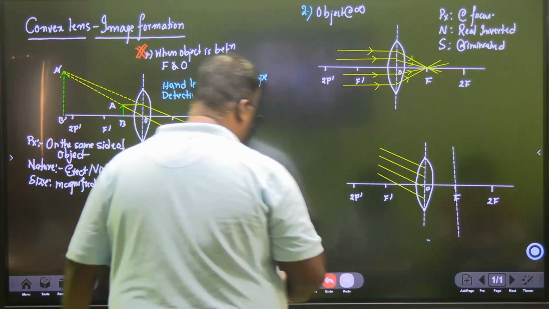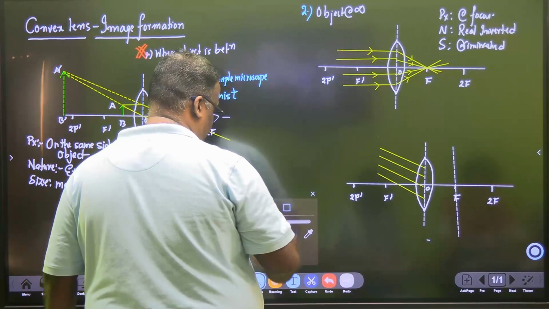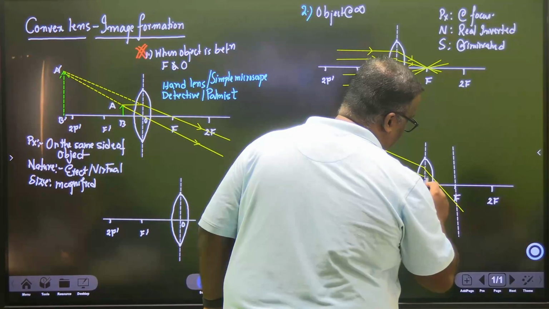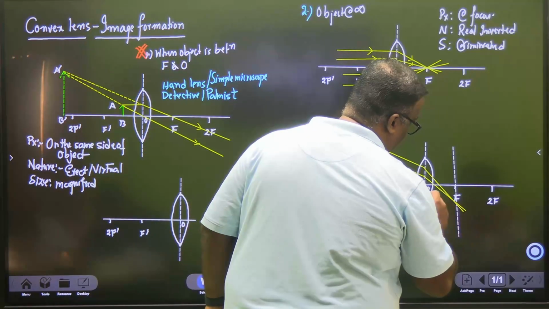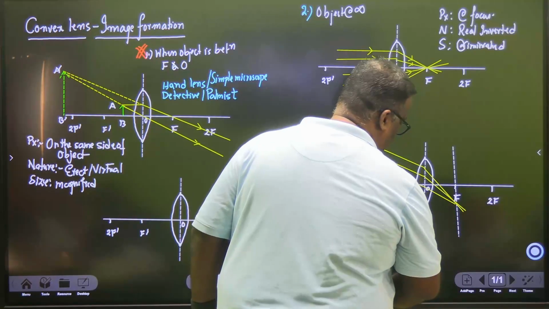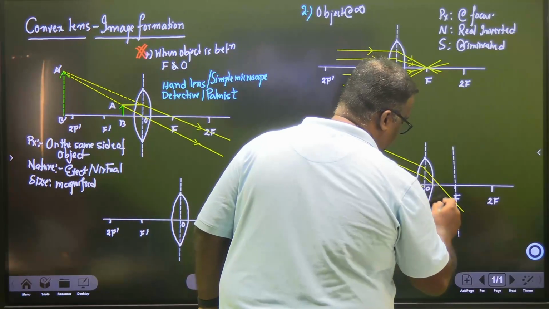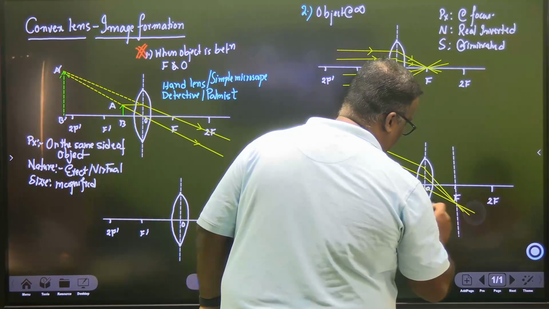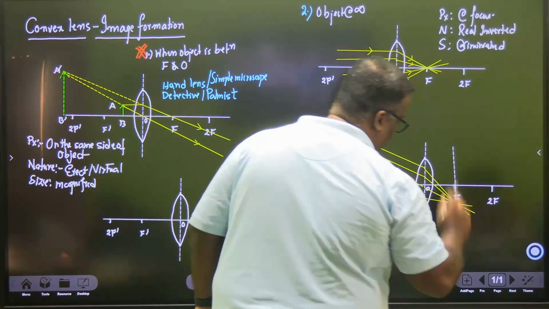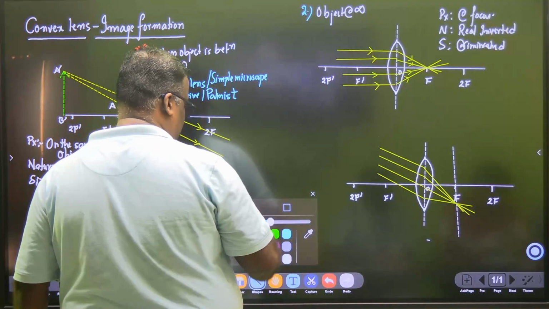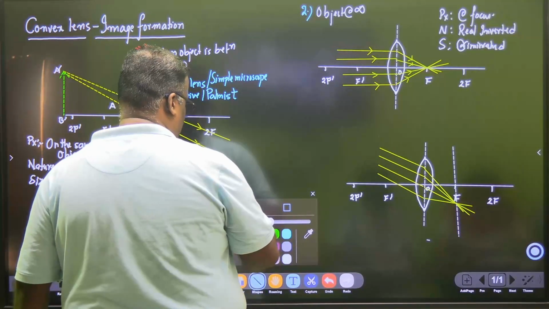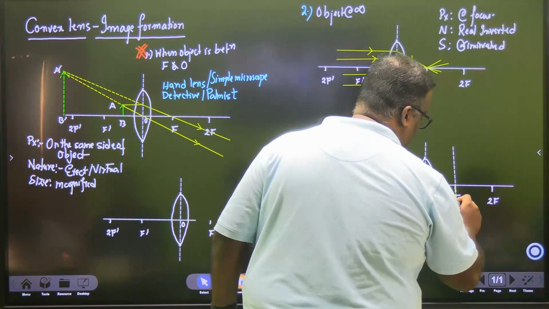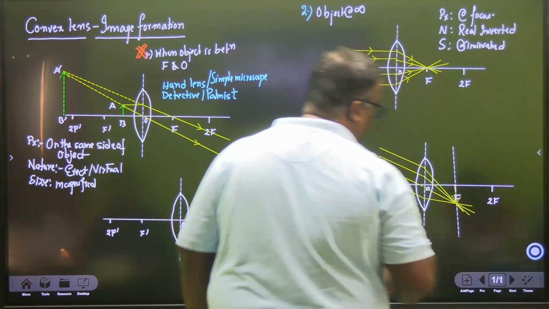Now the image will be formed on the focal plane. And now you can actually sense that your image is highly diminished. This is your image, and the image will be inverted.